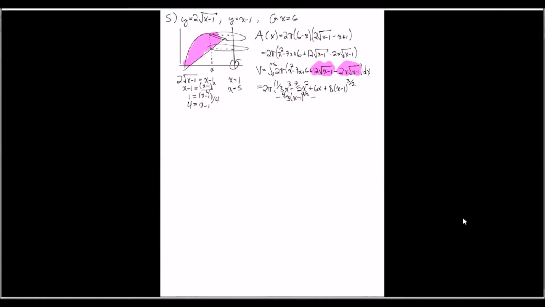And then we've got 4/5 x minus 1 to 5/2, evaluated from 1 to 5. Plug those guys in. We're going to get 272 over 15 pi.